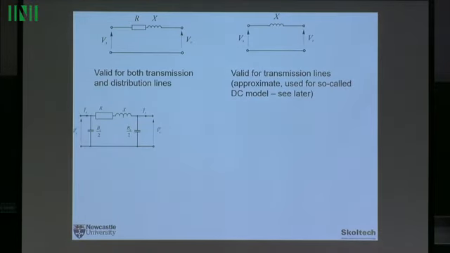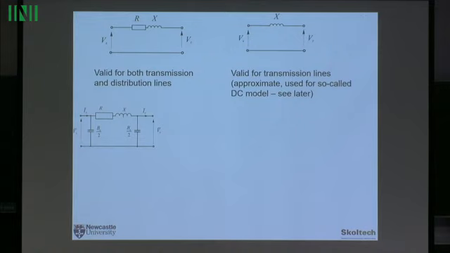So now let's look at approximation. As I said, for both transmission and distribution lines, if you use just resistance and just reactance, it's generally fine. For very simplified models, the so-called DC model, we just leave reactance. We forget about resistance because X is usually 5 to 10 times bigger than R, but here there are no transmission losses. That means the disadvantage of that model is we do not model transmission losses, right?